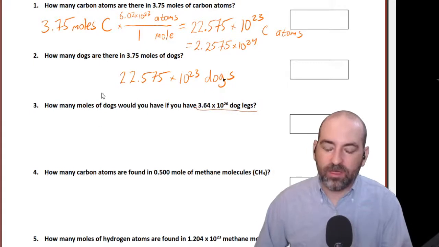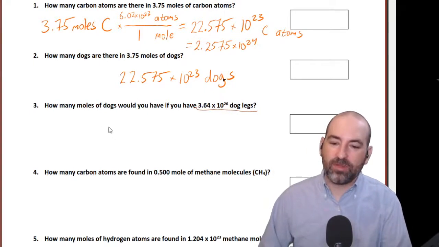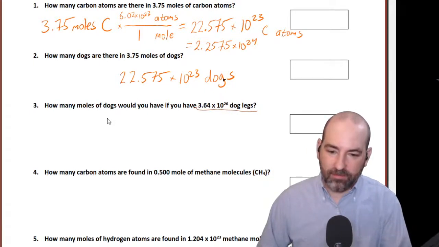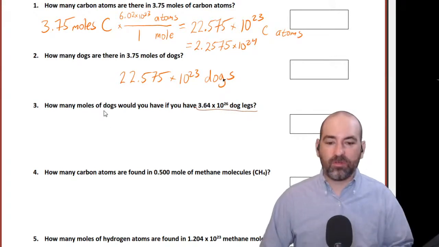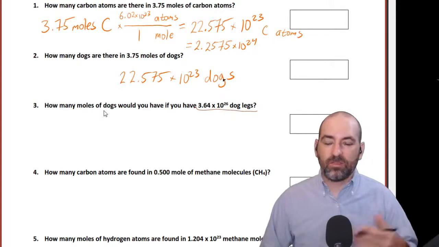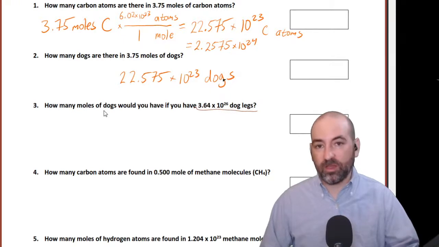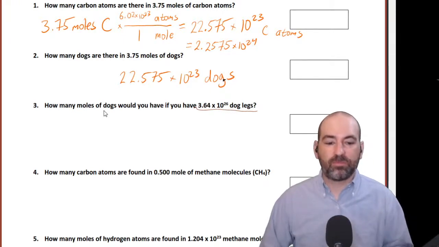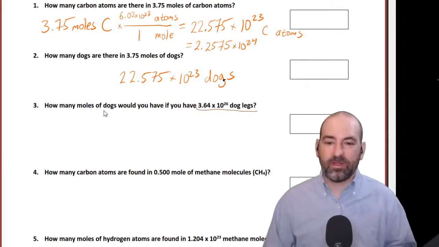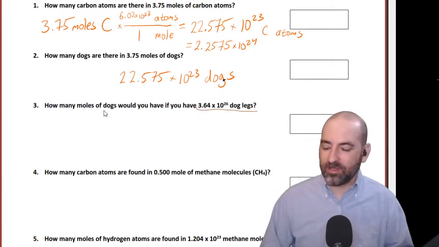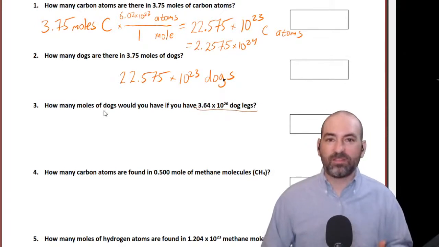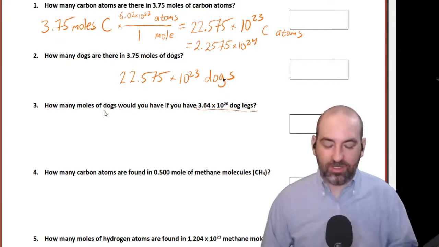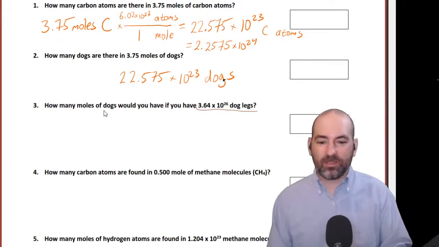And we want to ultimately know not how many dogs we have, but how many moles of dogs we have. So we actually need a couple conversions here. We need the dogs per mole conversion, or dog legs per mole. But we also need a conversion of how many dog legs per dog. All right, and I know there's various dogs with different numbers of legs out there, but let's, for the sake of the question, assume that dogs have 4 legs per dog.